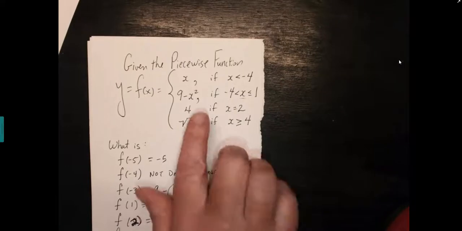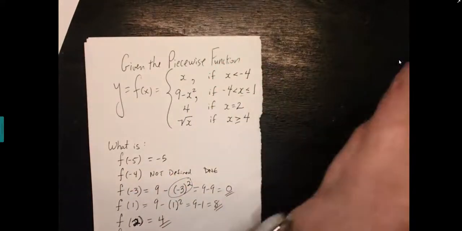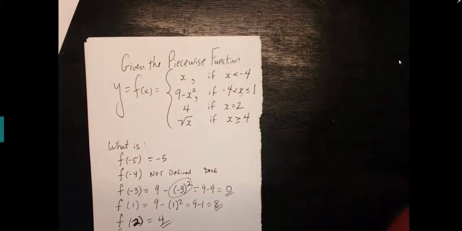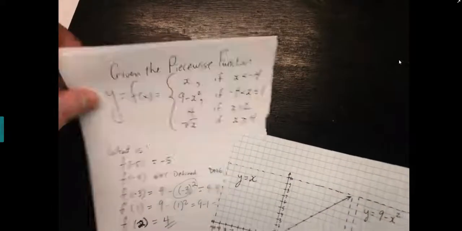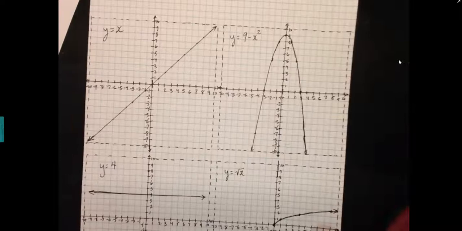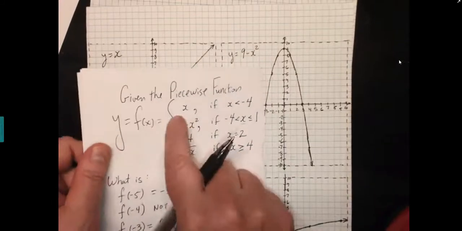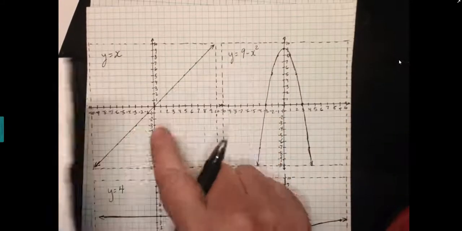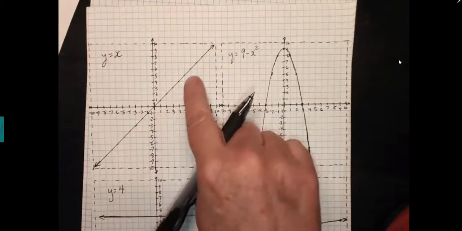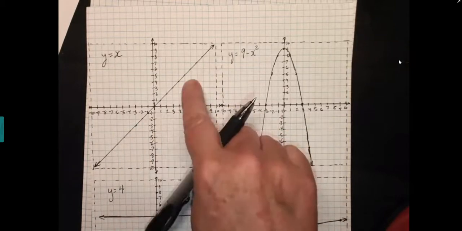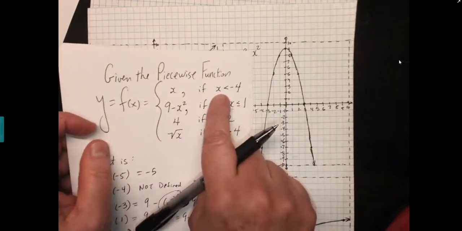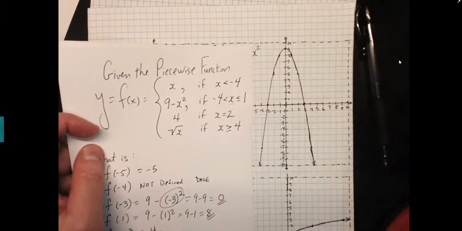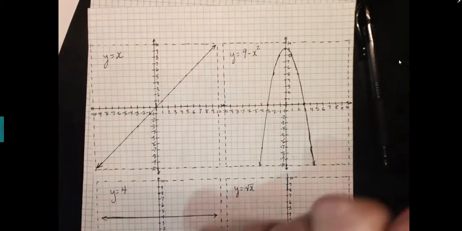So if it were that easy, then we wouldn't even bother to teach you about piecewise functions if all you had to do was graph all of them. We've got to include the restrictions. So what do we mean by that? Well, let's look at each of these separately. Here I've drawn the graph of f of x equals x. That's without any restrictions, but for this piecewise function, the restriction is x is strictly less than -4.